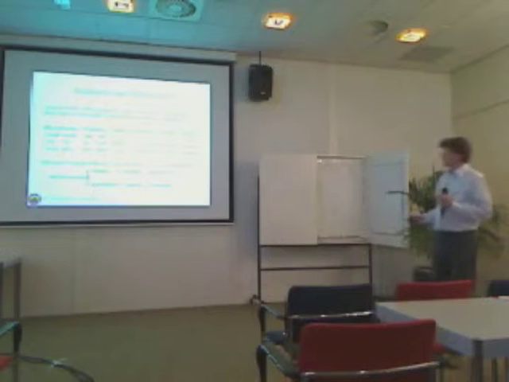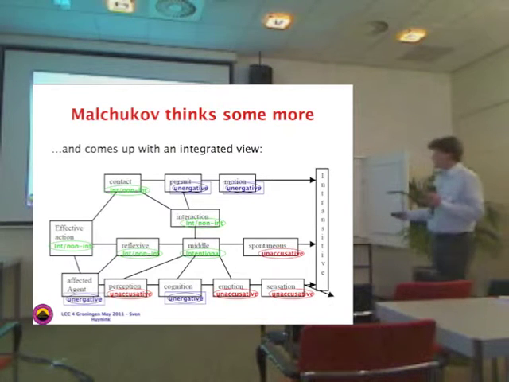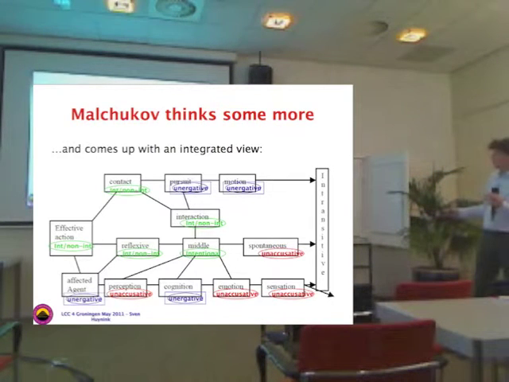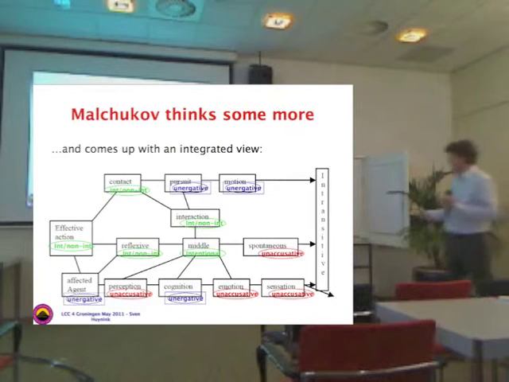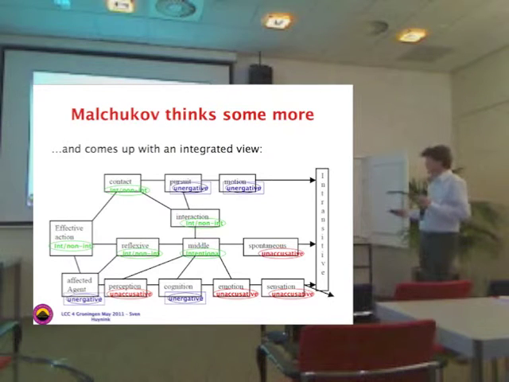Well, that looked very nice, and then Malchukov thought some more. And he came with this very nice integrated view. Here we again have effective action, contact, pursuit, emotion, and then two intransitives. Effective agent, which is eat, perception, see, cognition is look, emotion, feel, love, hate, sensation, be cold, feel cold.